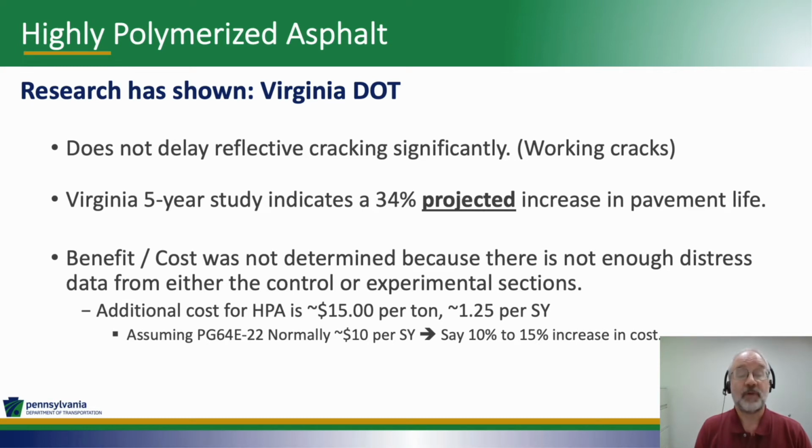And then the benefit cost ratio is the big thing here for this mixture, because the additional cost for high performance asphalt is about $15 a ton, which equates to about $1.25 a square yard. It's a 10 to 15% increase in cost.